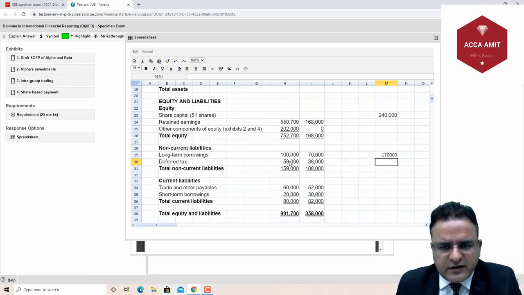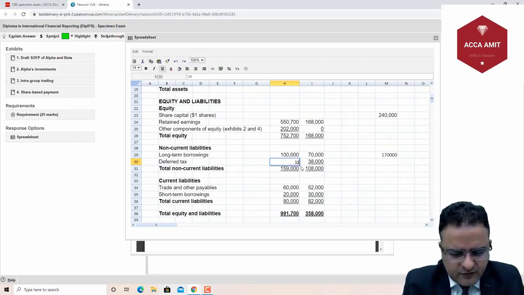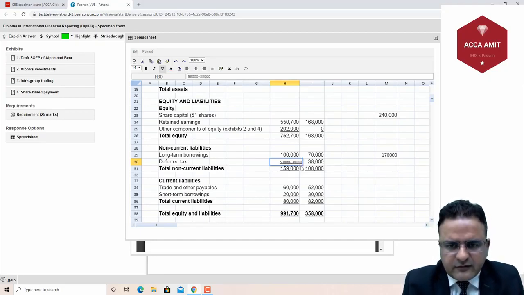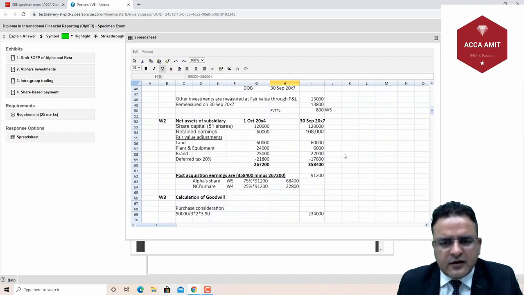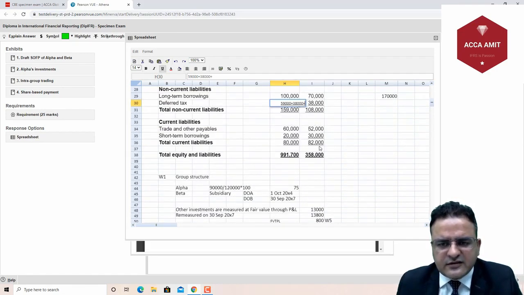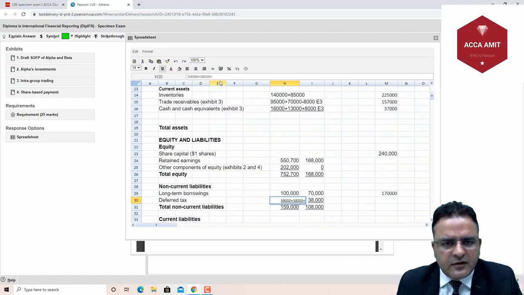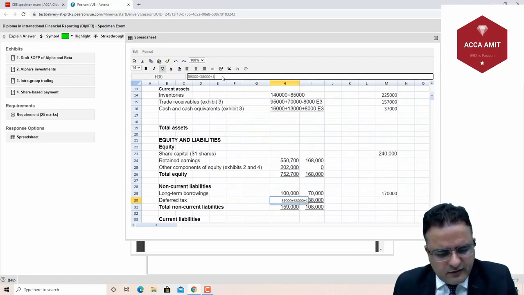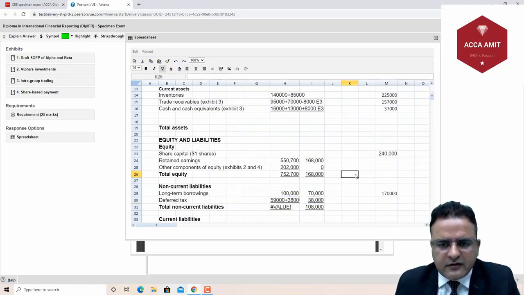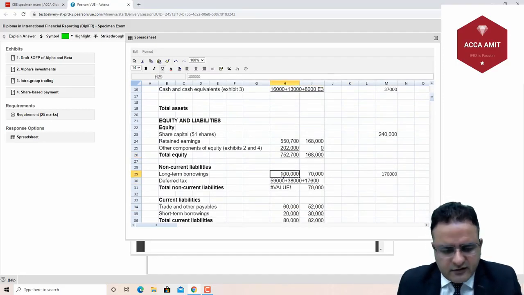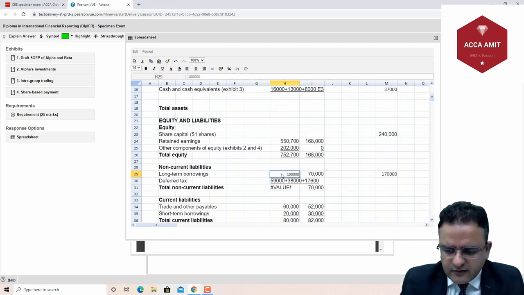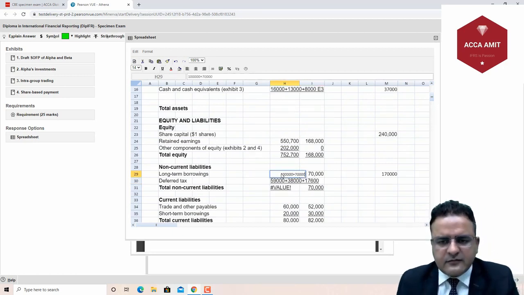Deferred taxes we can deal with it. 59,000 plus 38,000 plus the balance of deferred tax included in the date of balance sheet is 17,600.